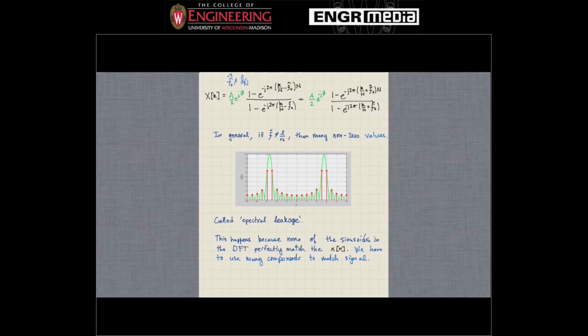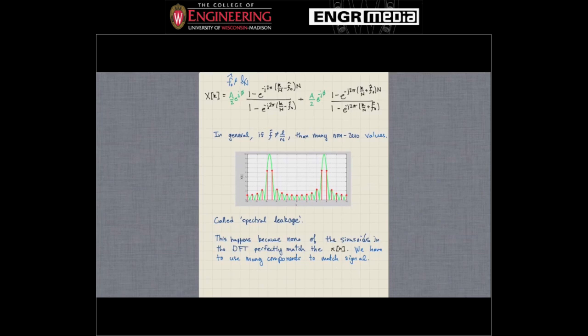In that case, there's no sinusoid in the DFT that perfectly matches up with the signal x of n. So we end up using all of the DFT coefficients. None of the DFT coefficients are 0 in this case. And again, we can see this green plot in the background.